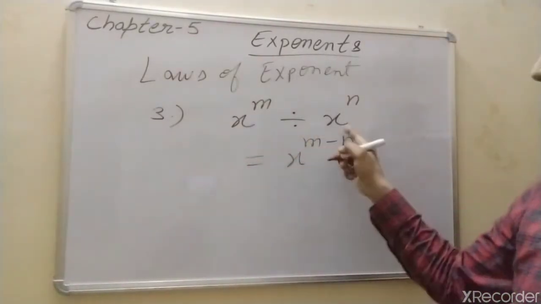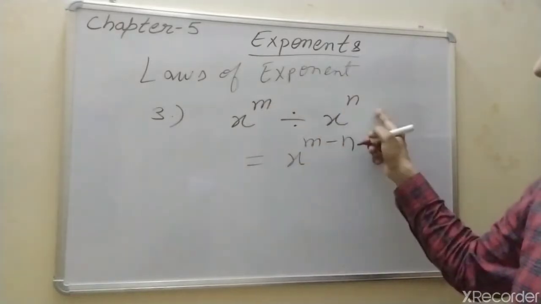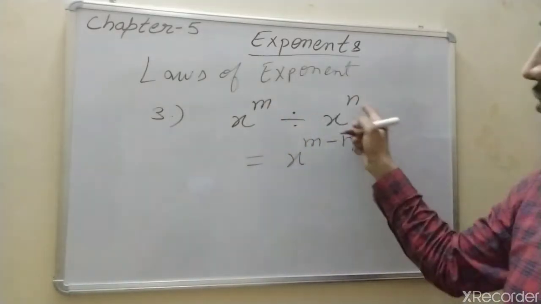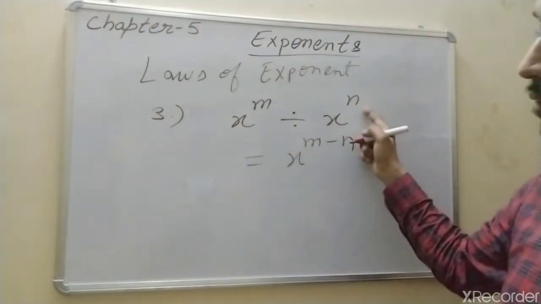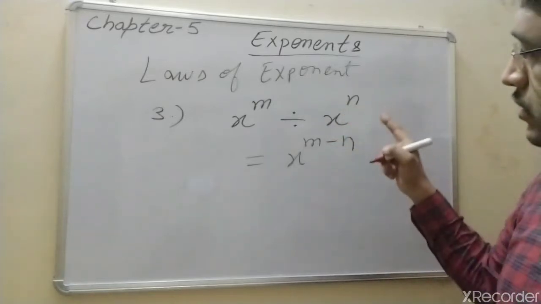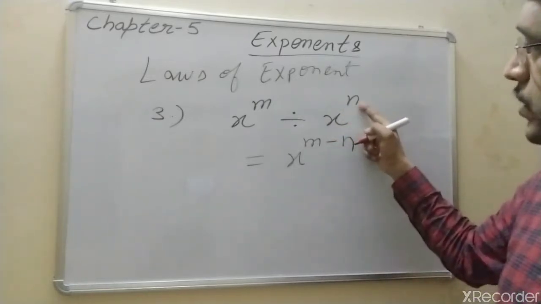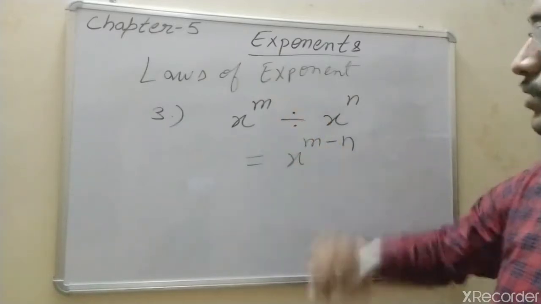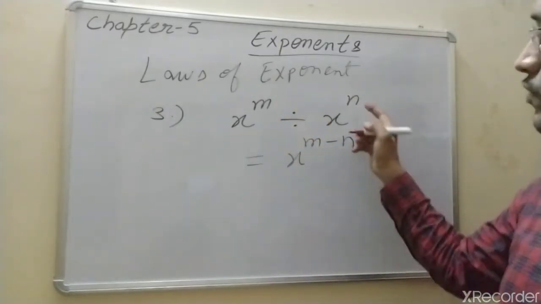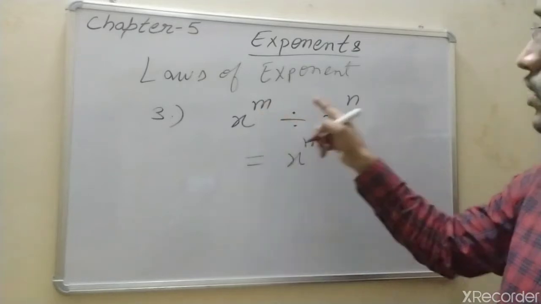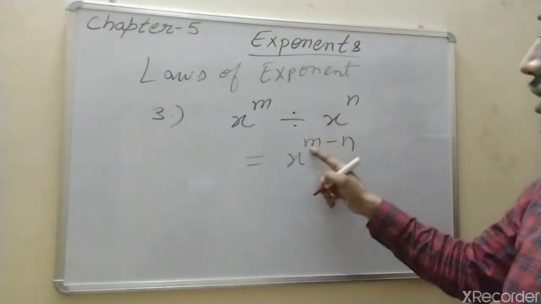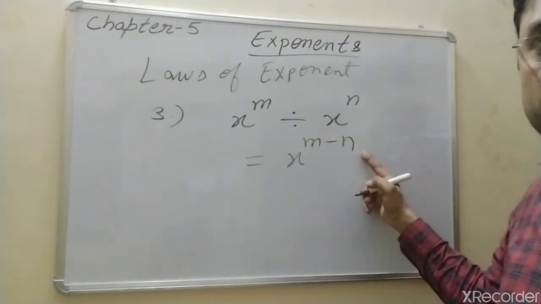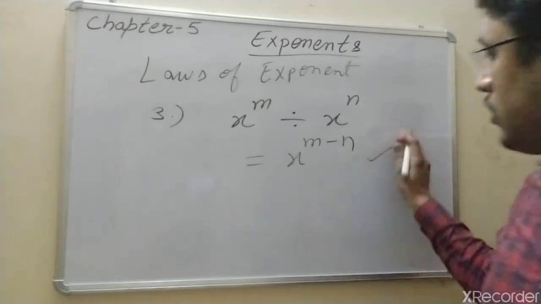That means if the base is the same, then the power will be the difference of the given powers, the power of the second subtracted from the power of the first, that means m minus n.